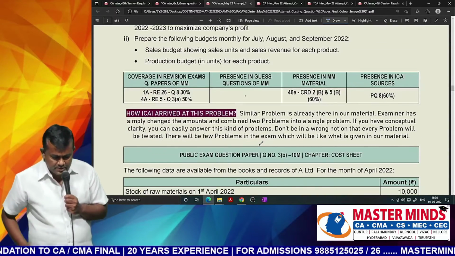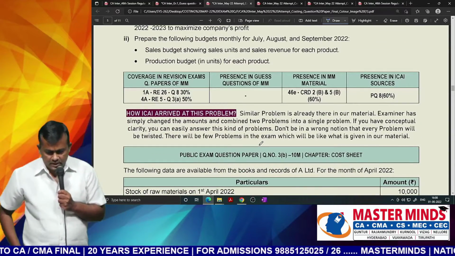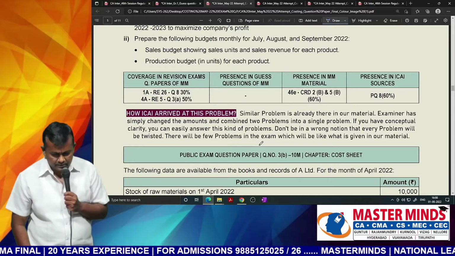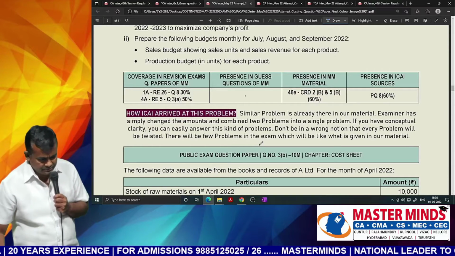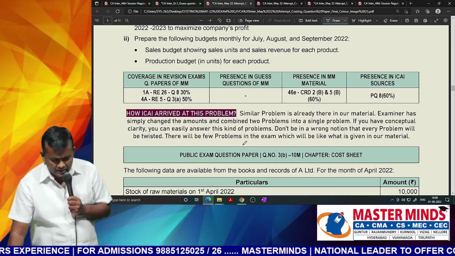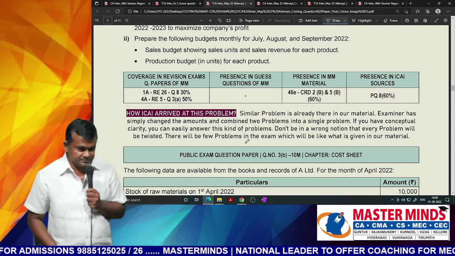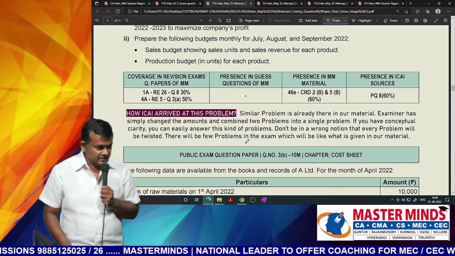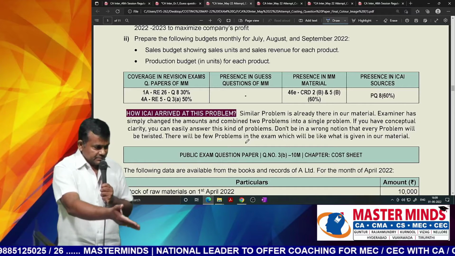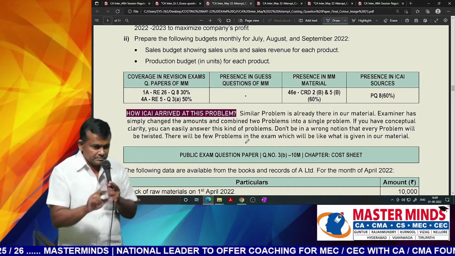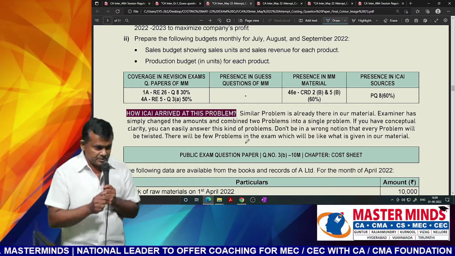Here, a similar problem is already there in our material. The examiner has simply changed the amounts and combined two problems into a single problem. Matching. In our material, please check the assignment problems. Merging problems, two merging problems.